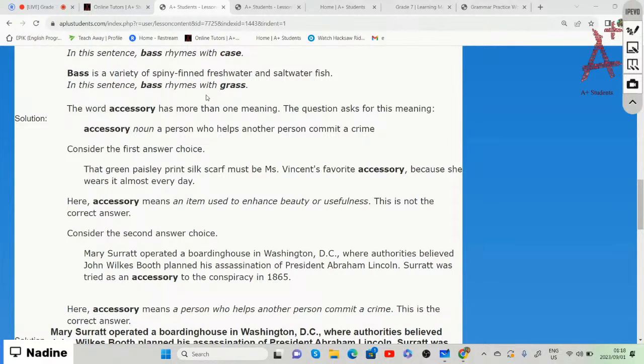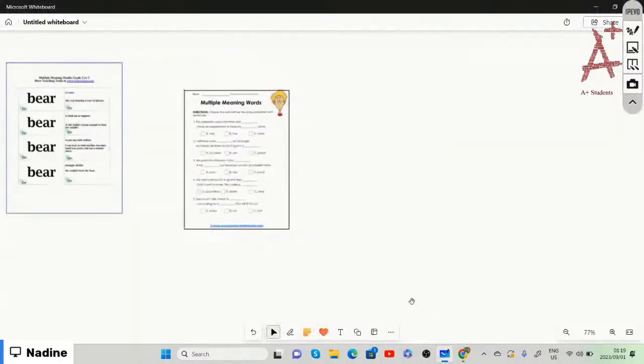So there we have accessory and accessory. The first accessory is to enhance beauty or usefulness. And the other accessory, it has more than one meaning, which is a person who helps another person to commit a crime. All right, so before we go on to our test, let us quickly go to the whiteboard.